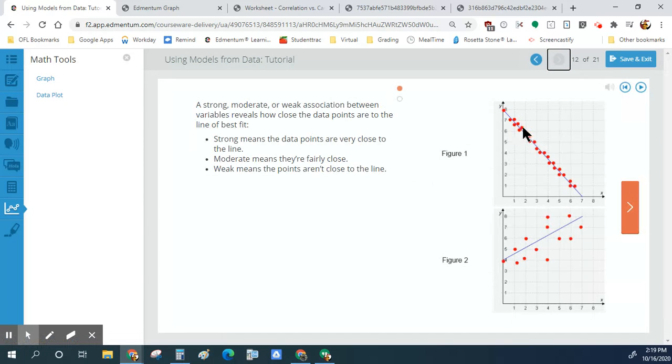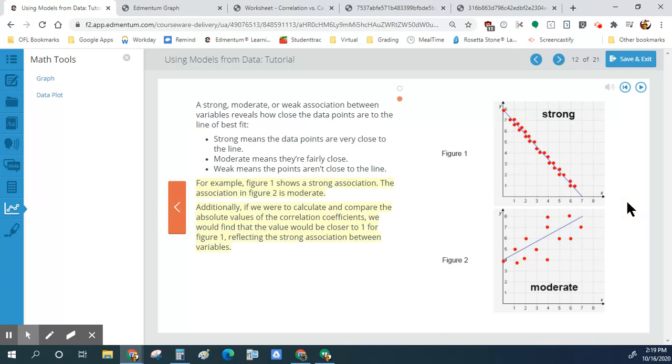This one has a strong negative correlation. This one has a weaker positive correlation. So it can be strong and negative, as well as weak and positive, or I guess they're calling it moderate. Weak, I guess, is when the dots are everywhere.